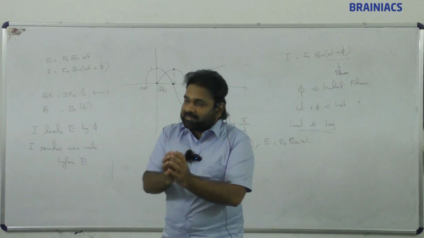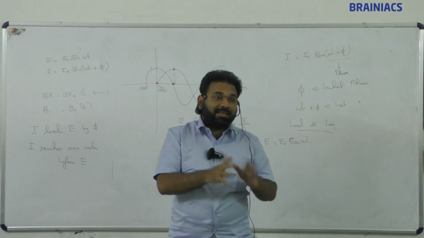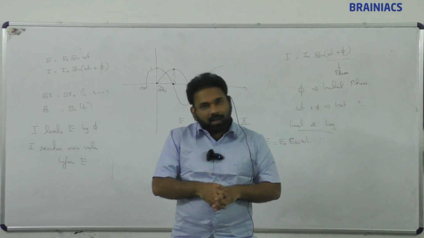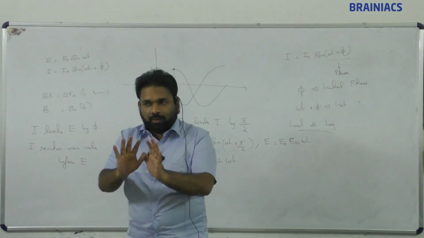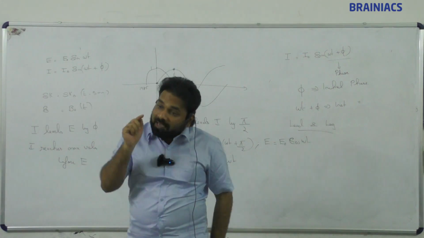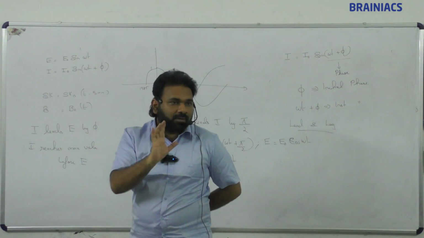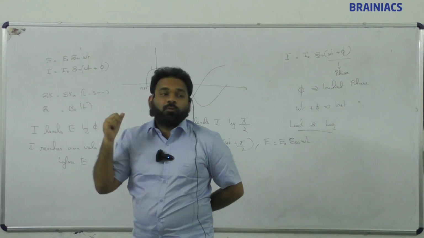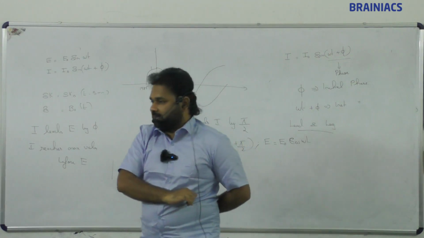What is the formula for energy in DC? Based on I and R, it is I square RT. So that is in DC. The same value of I square that we get in AC if we calculate RMS current or RMS voltage.